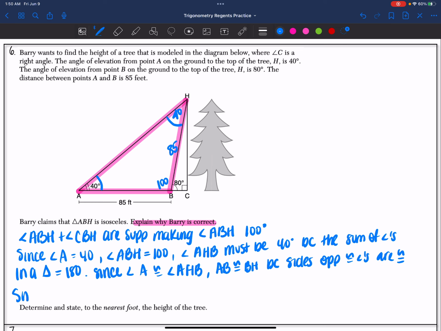And since triangle ABH has two congruent sides and two congruent angles, it is isosceles. Now, do you have to be this specific?